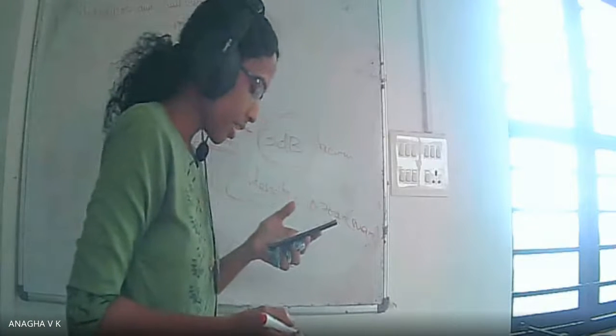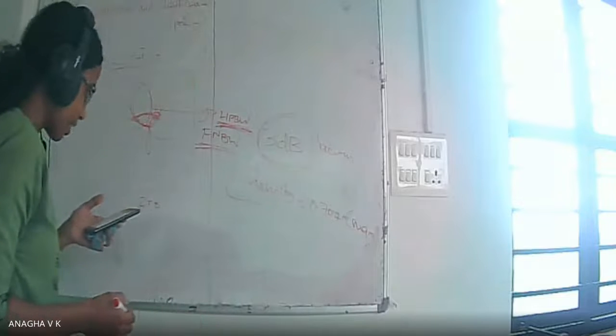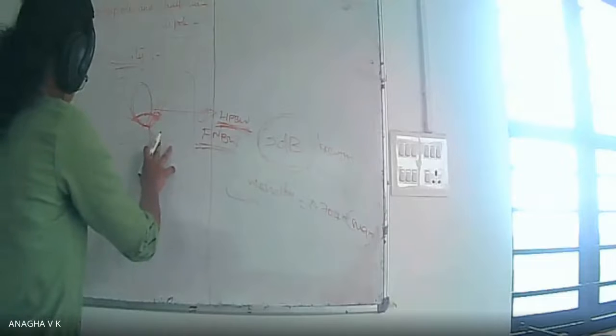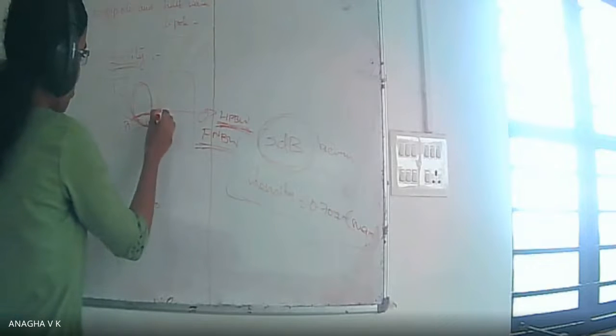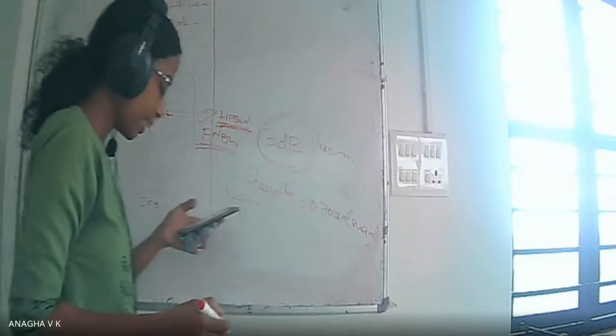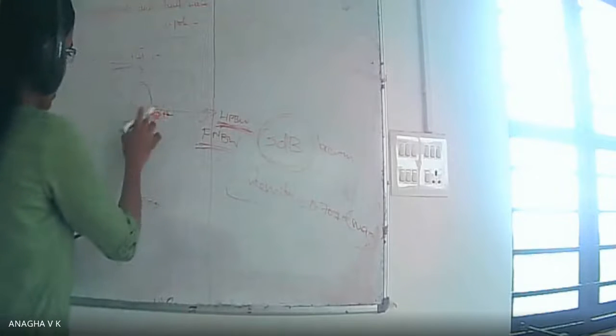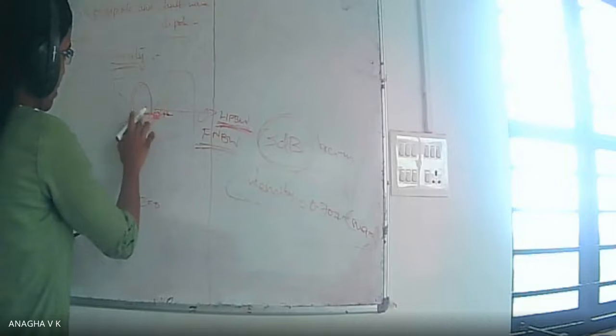Next, consider the radiation pattern in the figure. So this is the radiation pattern. P1 and P2 are the half power points, these two points where the power intensity is half.